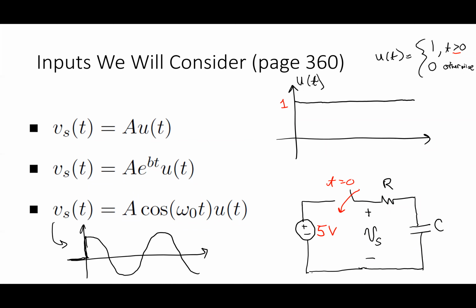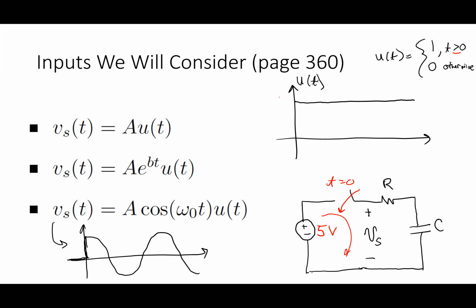If I did a KVL around the loop that includes the 5 volts and that Vs, what would the voltage Vs look like as a function of time? It would be 0 and then it would become 5.